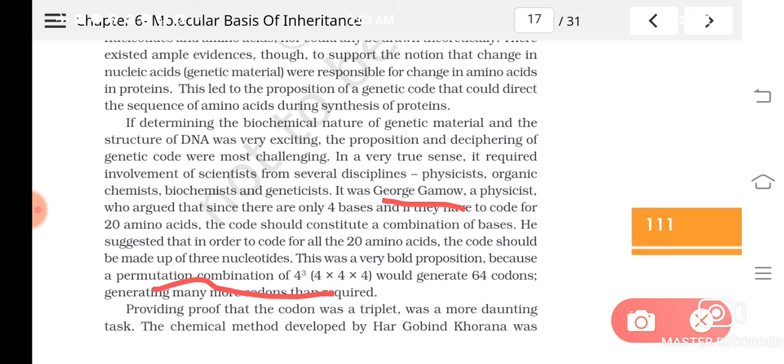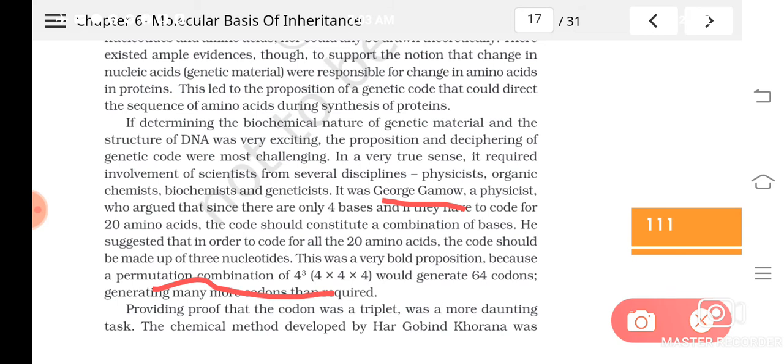So he suggested that the codons should be a combination of nucleotides, and it should be 3. If it is 3, the permutation combination is 4 raised to the power 3, that is 4 into 4 into 4, equal to 64 codons, and that is well enough for coding 20 amino acids.